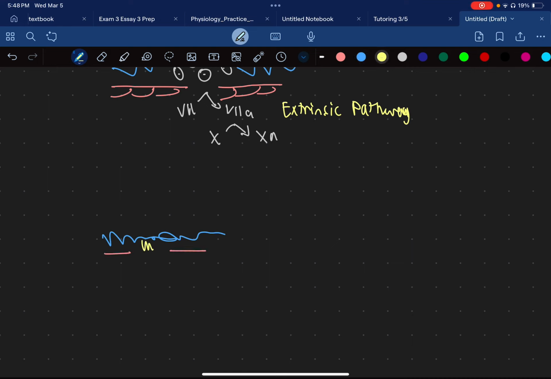So we have our vWF, our platelets, and our fibrinogen. And then we have more activated platelets. What's going to happen is retraction is going to occur.